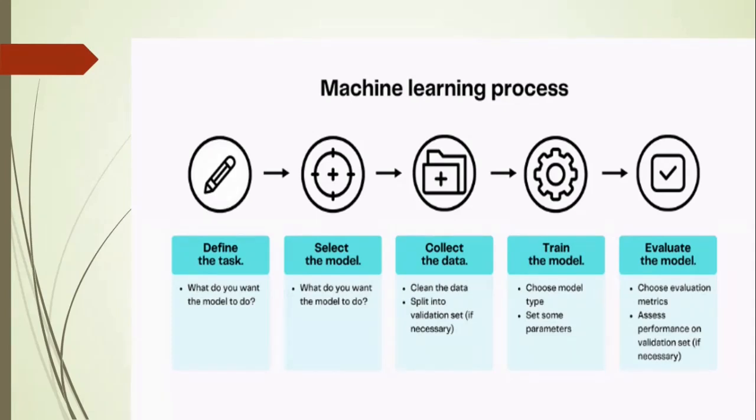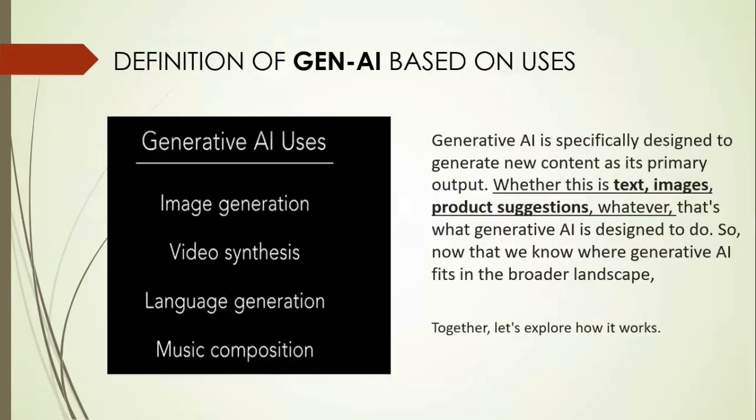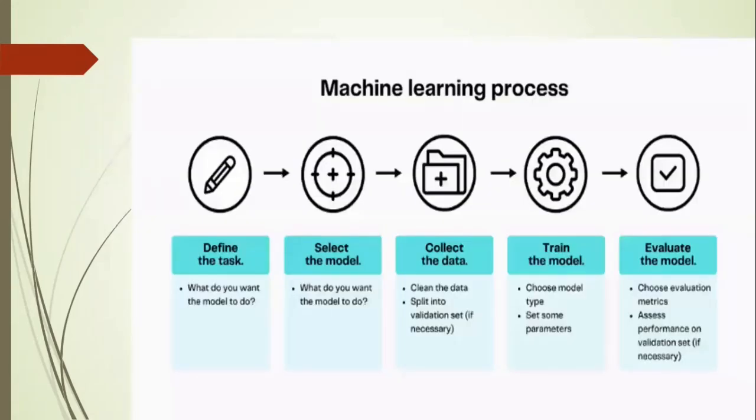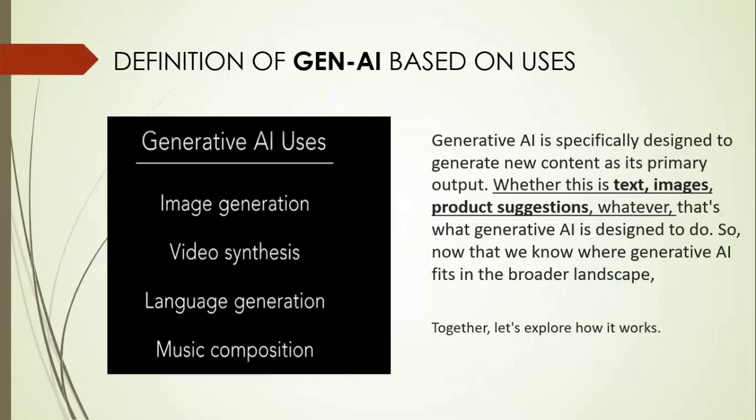Now, all these things are still there, but still we are away from generative AI. So generative AI comes into the picture after machine learning. We are moving towards the next type of AI, which is called general AI. General AI, what is general AI?